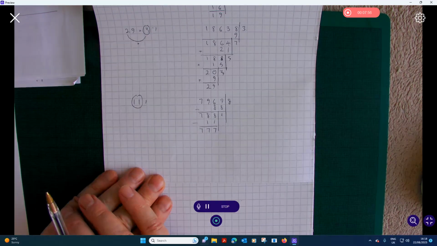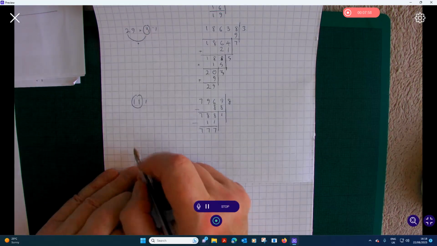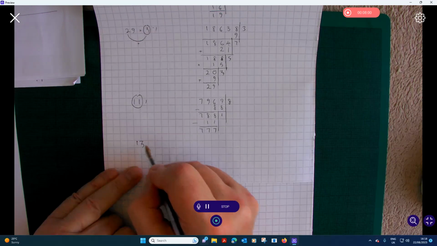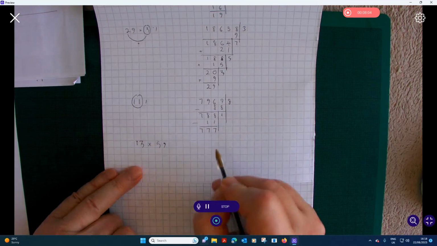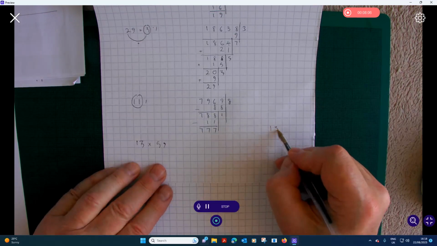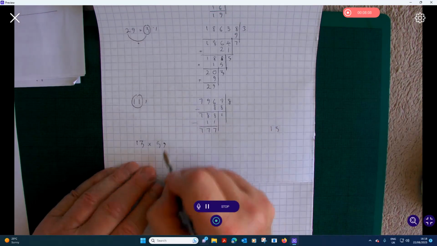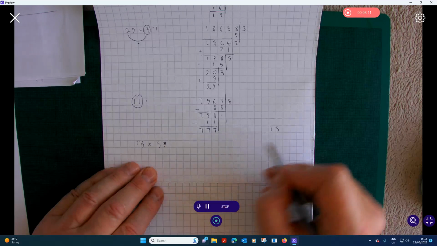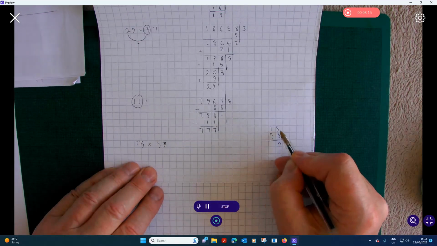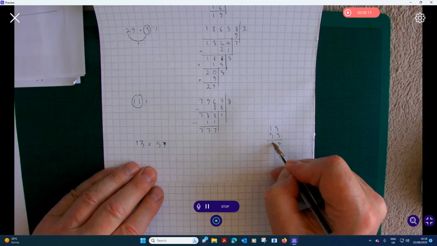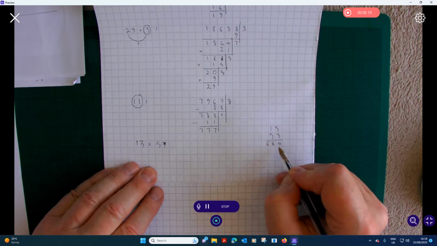So that's the system, and there are all sorts of things you can do. I mean, for instance, if you had 13 and say 53, you could multiply them together, and that would give you a number ending in 9, 689.